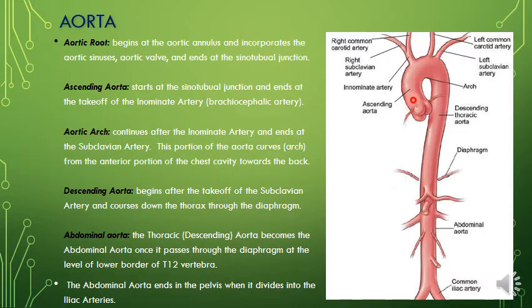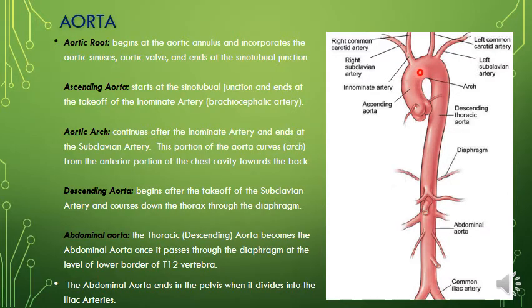Then the ascending aorta starts at the sinotubal junction and ends at the takeoff of the innominate artery, also called the brachiocephalic artery. This is the innominate artery here. So from the sinotubal junction to the brachiocephalic artery, this area is called the ascending aorta.